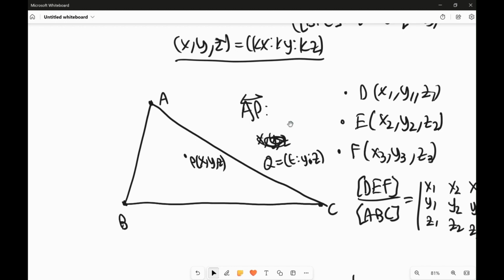When t equals x, we have the point P. When t goes to infinity, we have the point A. And when it's anything else, we have just a point on this line.